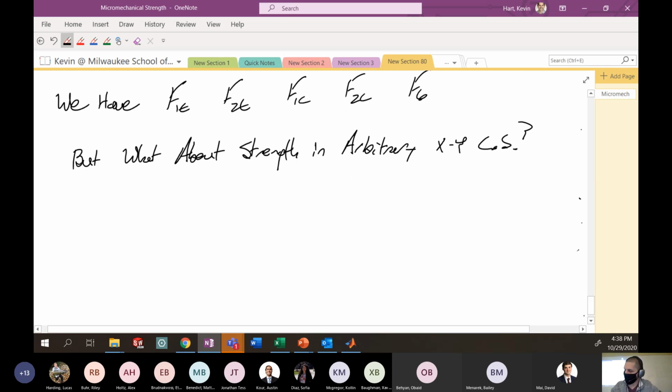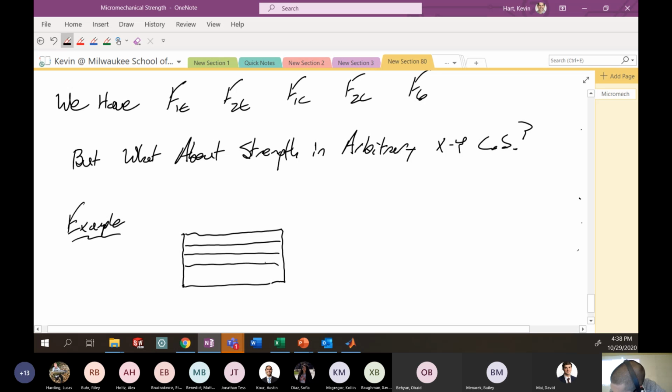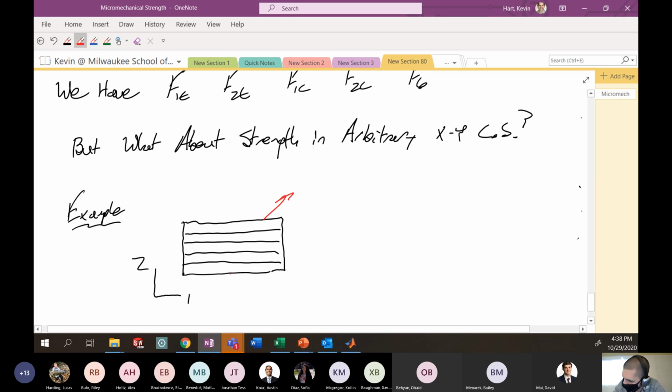So if I've got some composite that looks like this, a unidirectional composite with all my fibers going this way, turned on its side. What if I load this in this direction with some stress sigma x, so that I have some coordinate system that's the x, y coordinate system?